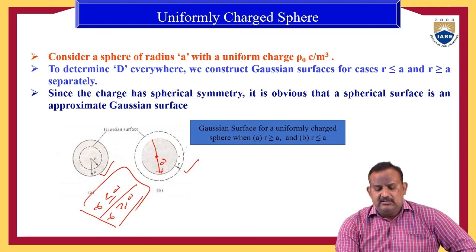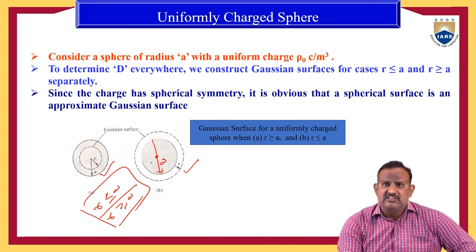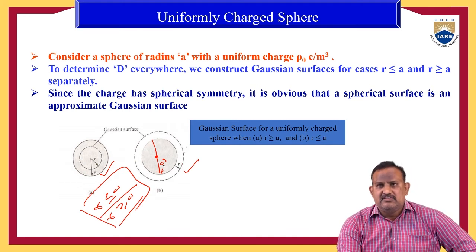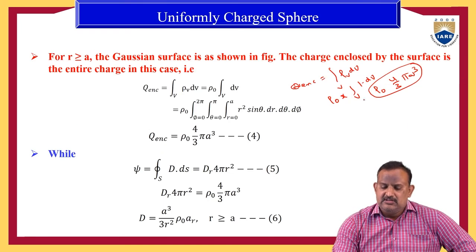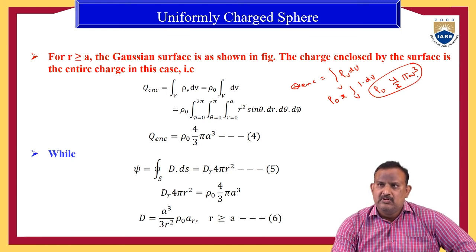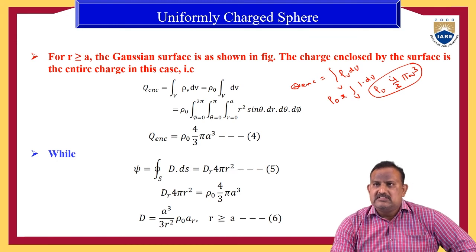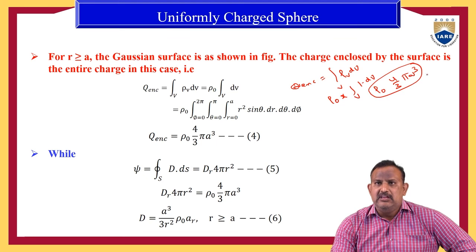So when the Gaussian sphere is outside the sphere, we need to consider only the actual radius of the sphere, which is a. Therefore, in place of 4/3 pi r cube, we consider the actual radius, so it is rho naught into 4/3 pi a cube.